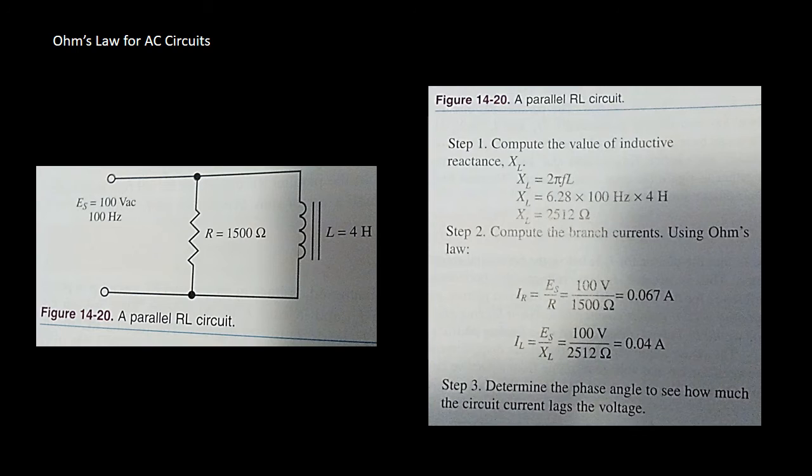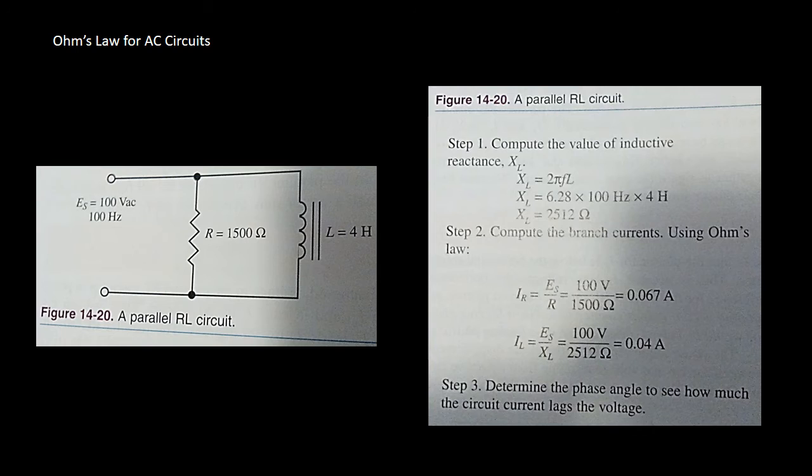IR equals ES divided by R, or 100 volts divided by 1500 ohms, which equals 0.067 amps. IL equals ES divided by XL, which is 100 volts divided by 2512 ohms, which equals 0.04 amps.